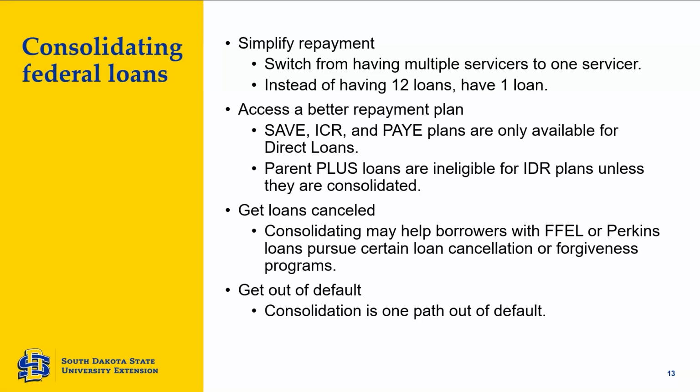Consolidation is one path out of default because it helps to lump everything together. You can apply to consolidate the federal student loans through the studentaid.gov website. The application is currently open. It had been closed previously, but it is available for you to consolidate at this point in time.